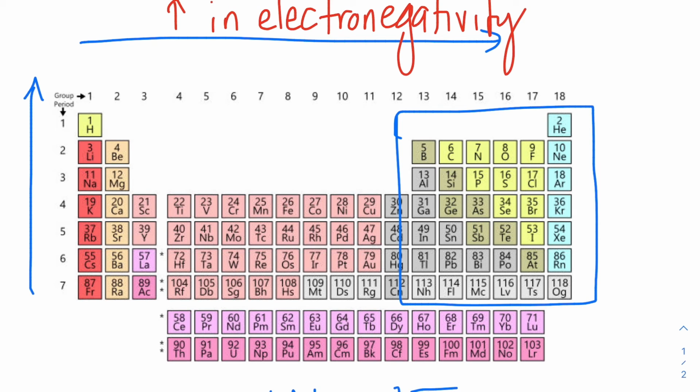Because we have elements that are much closer in electronegativity, one element is not going to rip the electron away from another, but they're going to share electrons to achieve a full outer shell.